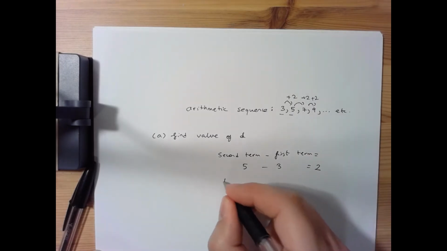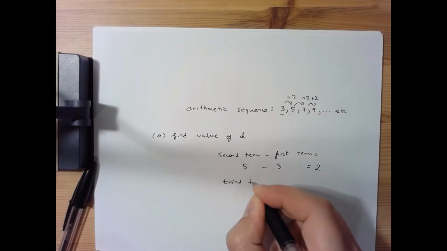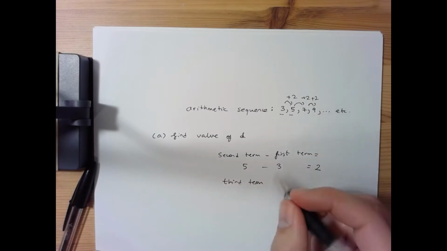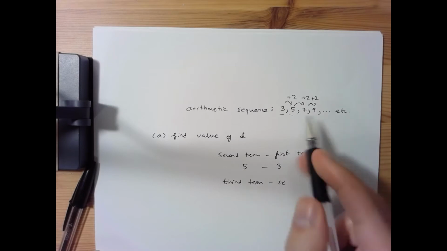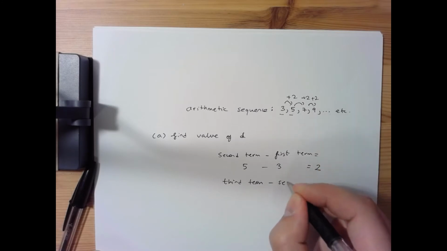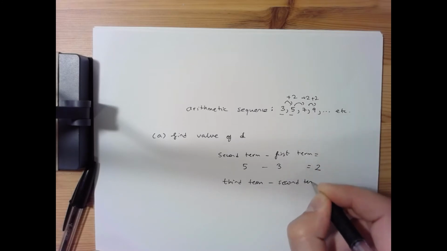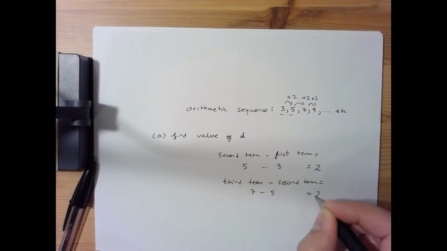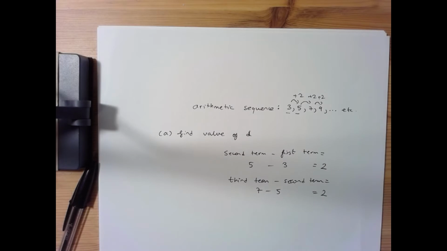Another way might be to find the third term, which is a 7, minus the second term, which is a 5. So this would be 7 minus 5, giving us 2. Great, okay.